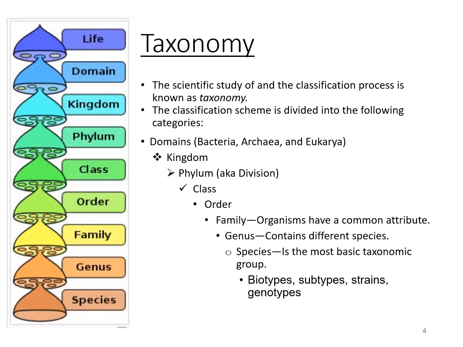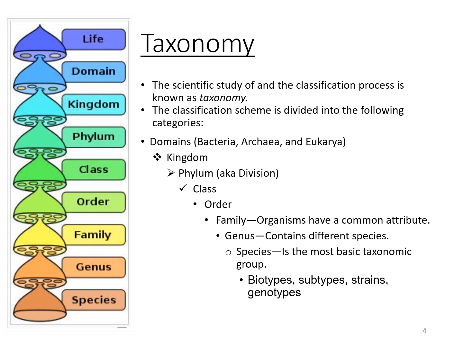Taxonomy is the scientific study of classification. So with any organism, it can fall into this classification scheme, which is divided into different categories. First you start with life, and then you move down to domain, which has 3 categories: the bacteria, archaea, and eukarya.